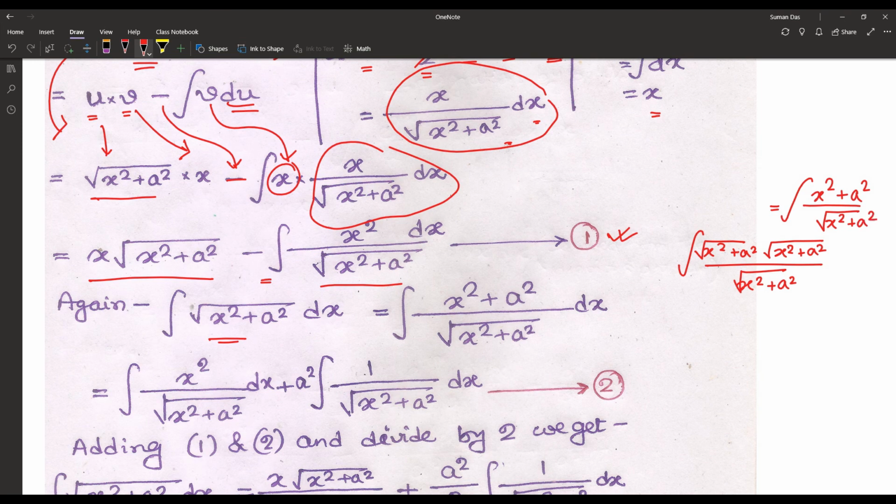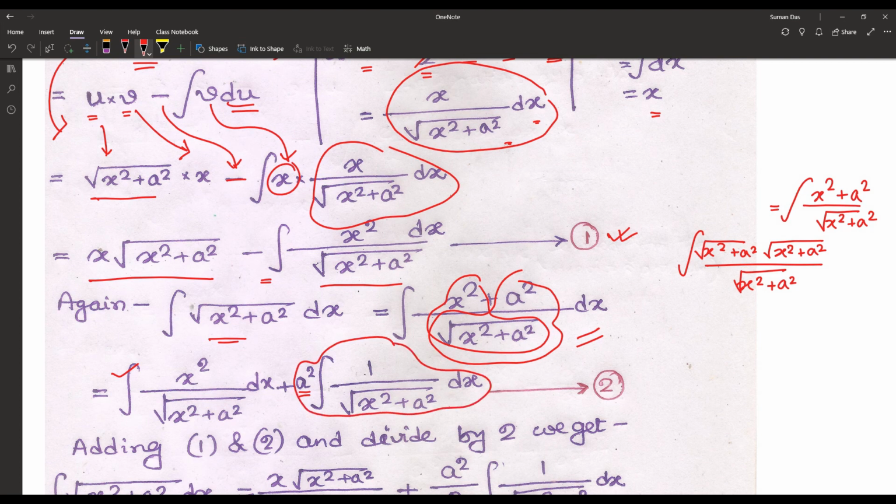So we are writing it just like here. We are separating these two. One part is that one, and another part is plus that one. So that is the first, and a squared is a constant, so we are multiplying it, and that is the second part. And we are writing it as equation 2.